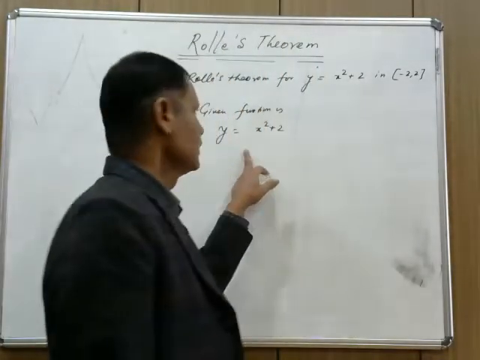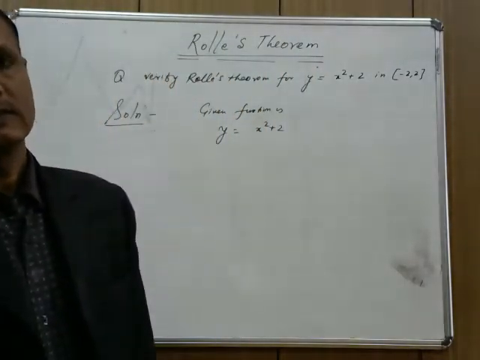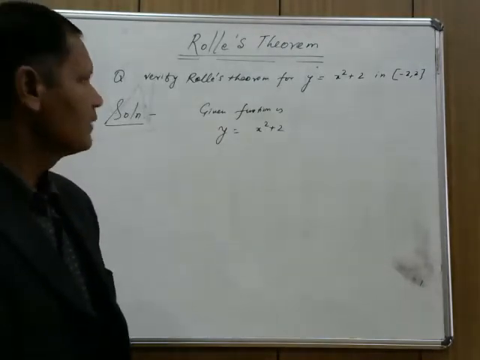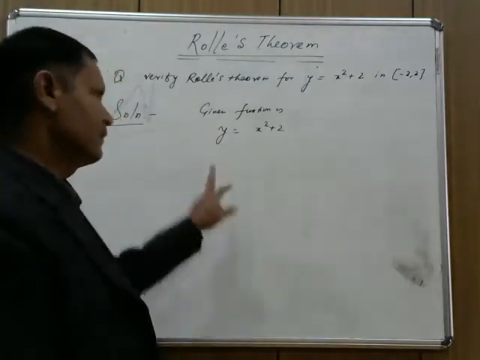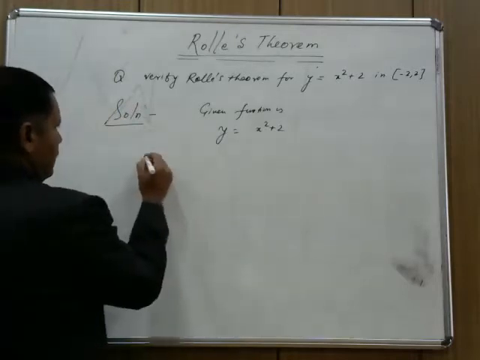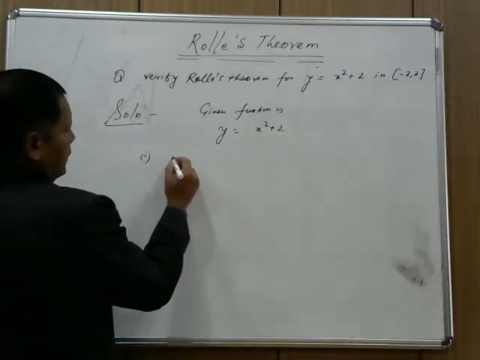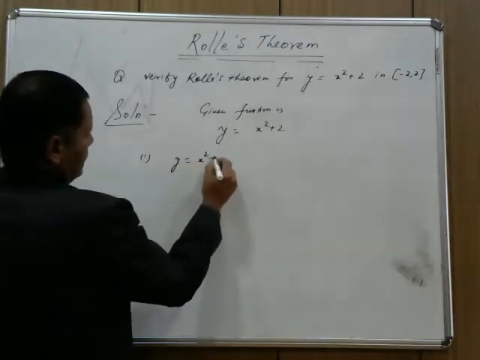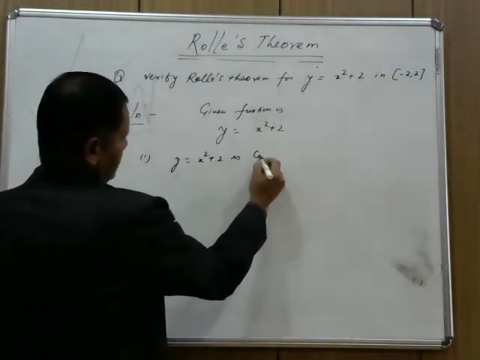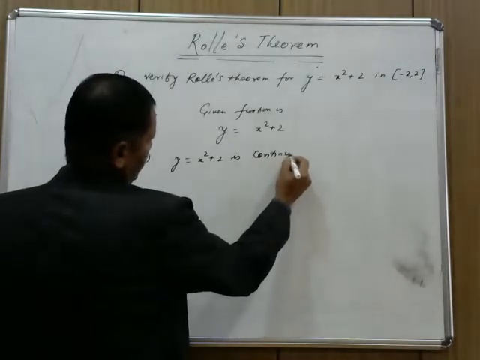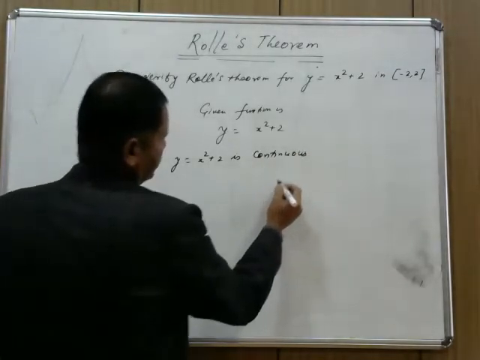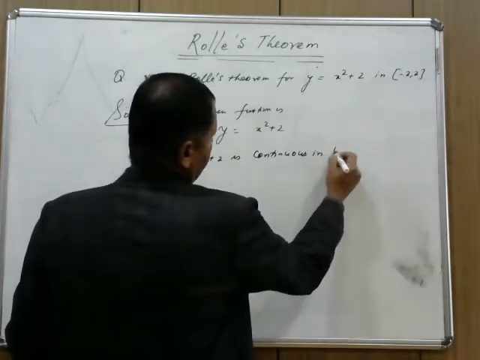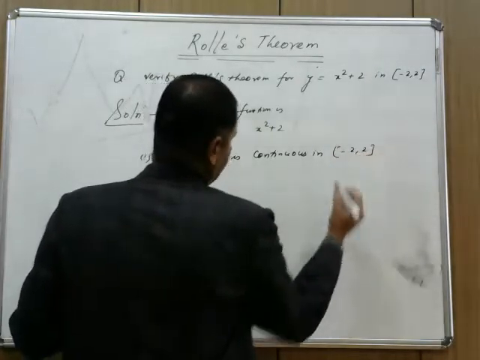And we know that any polynomial function is continuous and differentiable, right? And therefore I will write, yes, number 1, the given function y is equal to x square plus 2 is continuous in the interval minus 2 to 2.